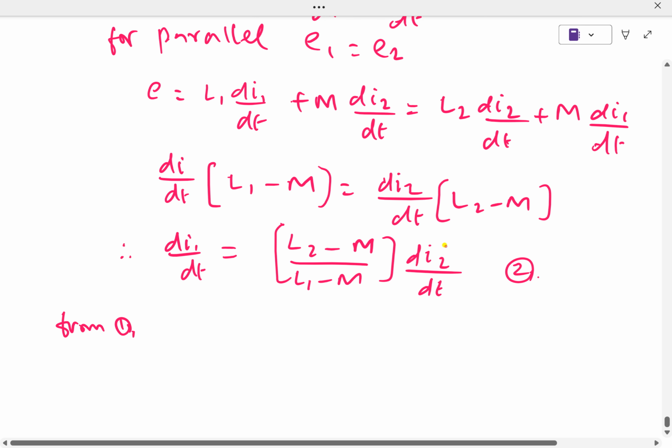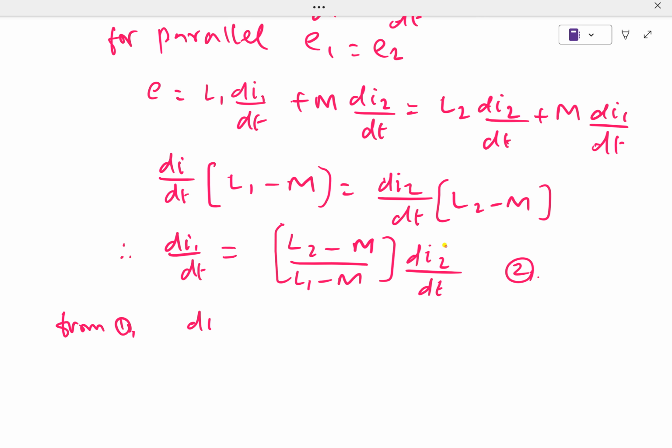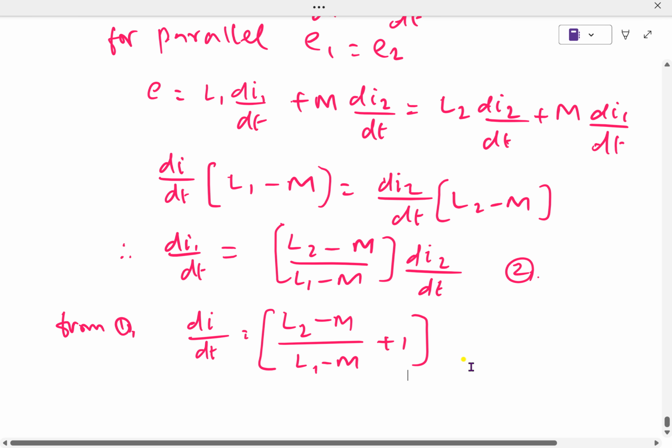we get di/dt in general equal to (L2 minus M) over (L1 minus M) plus 1, times di2/dt. That means we are splitting into partial fractions here. Let this be 3.